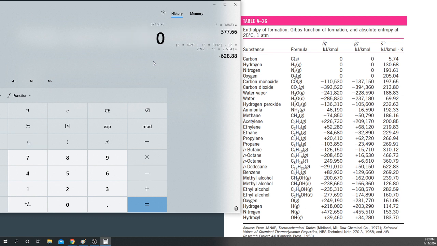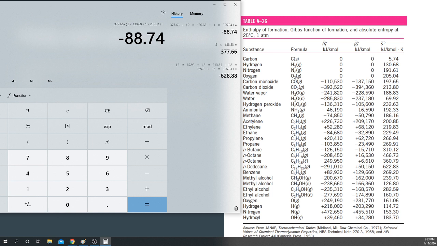Minus parentheses. 2 hydrogens, so that's 2 times 130.68 plus 1 oxygen, 1 times 205.04, and negative 88.74. So that is how I got that number on the previous slide.